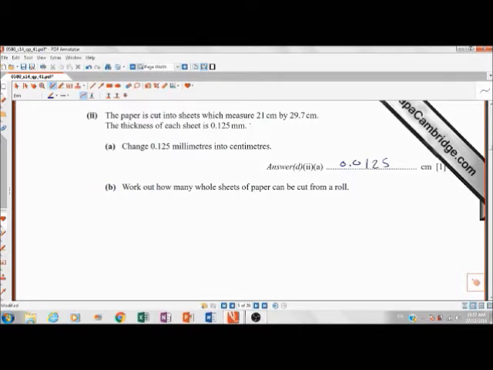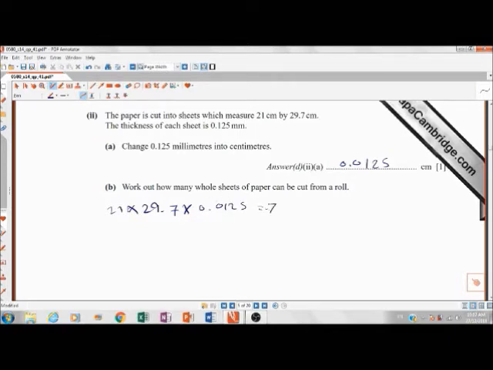So in order to do this, we have to find the volume of the paper itself, and then divide the whole volume by the volume of the paper itself to find the number of papers. So this is what I mean. The paper is a rectangular shape, right? So in order to find the volume, you multiply the width times the height times the base, which is 21 centimeter times 29.7 times 0.0125, because you want it in centimeter unit.